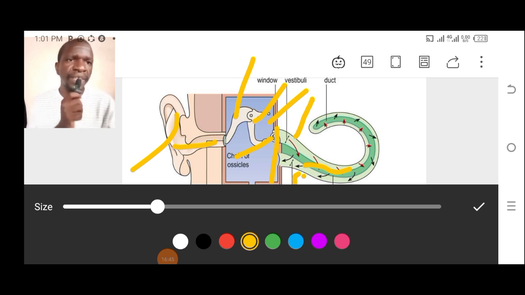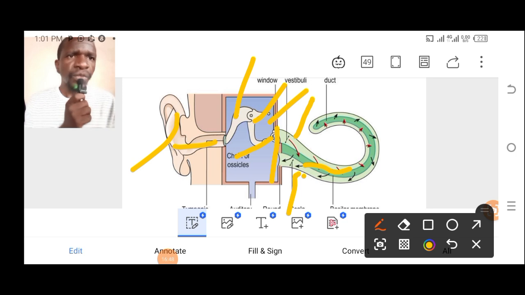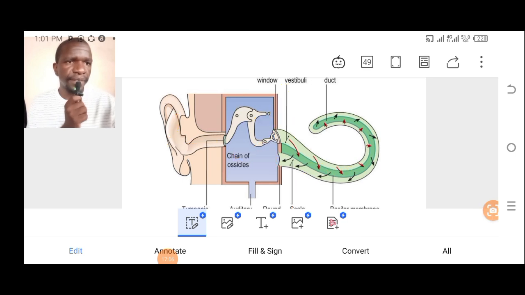The vibrations in the basilar membrane are going to lead to stimulation of the hair cells or the hair receptors, and the impulse is going to be generated and taken to the brain, to the temporal lobe for evaluation, right? Which is the lobe responsible for hearing.